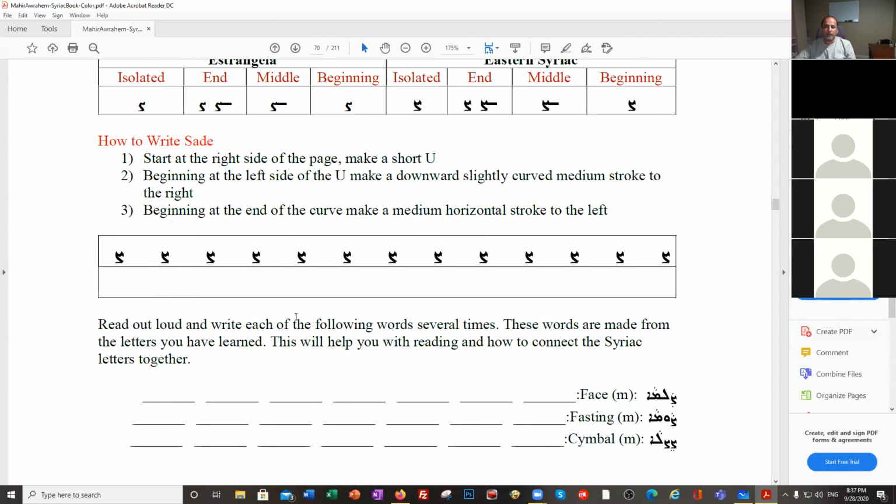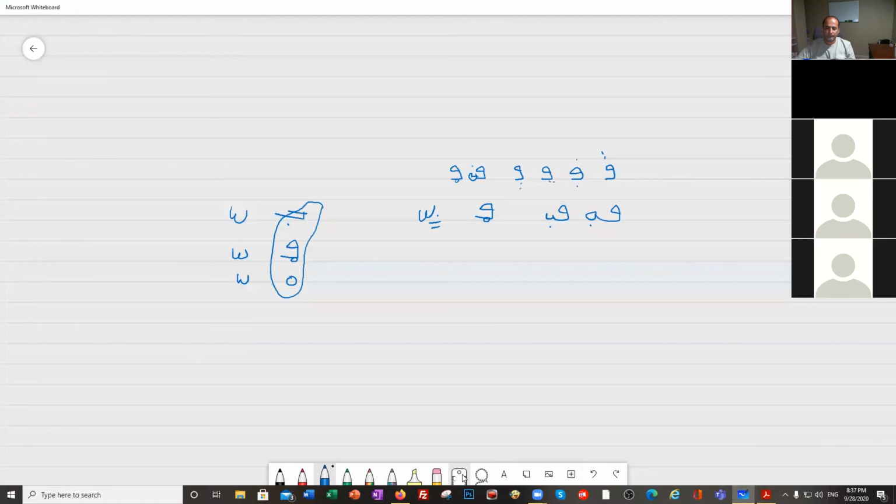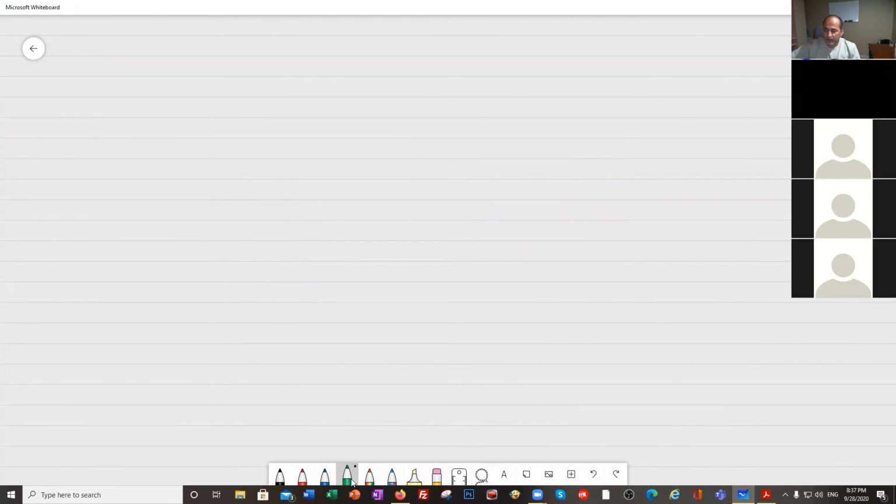Okay, how are we going to write sade? Sade has two parts, a part above the line and the rest down the line. The one above the line is like a small u.